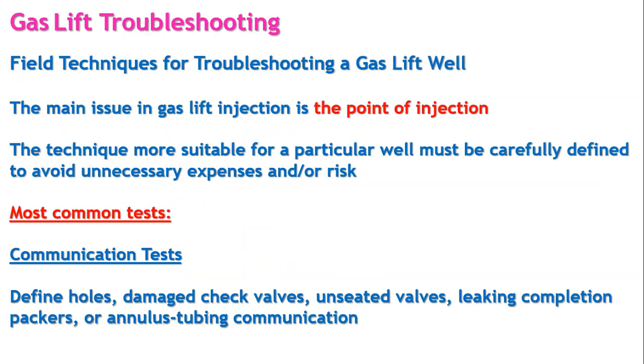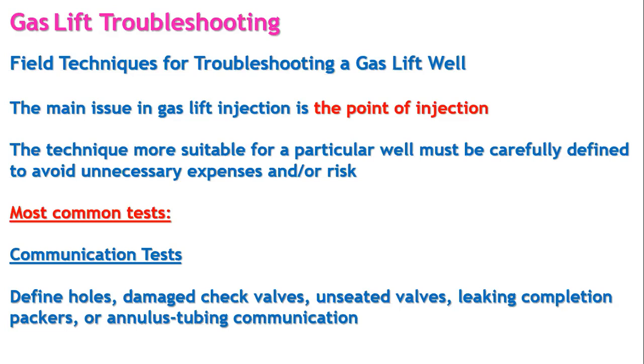In the gas lift troubleshooting area, the main issue in the gas lift injection is the point of injection. It's the valves downhole. Maybe we have a hole in the tubing or something like that, so the injection of the gas is at a different point than it was designed.